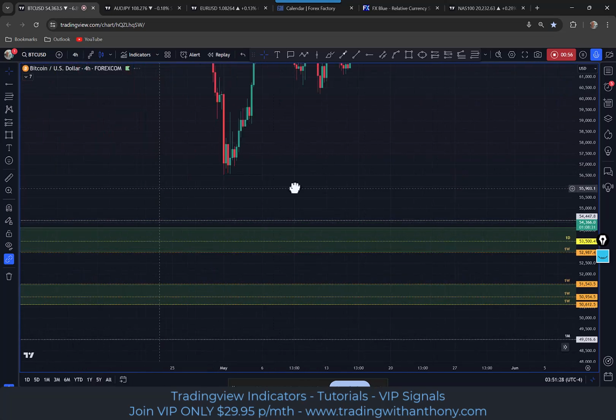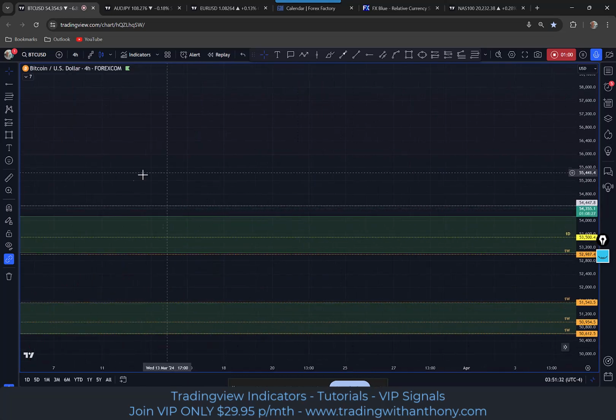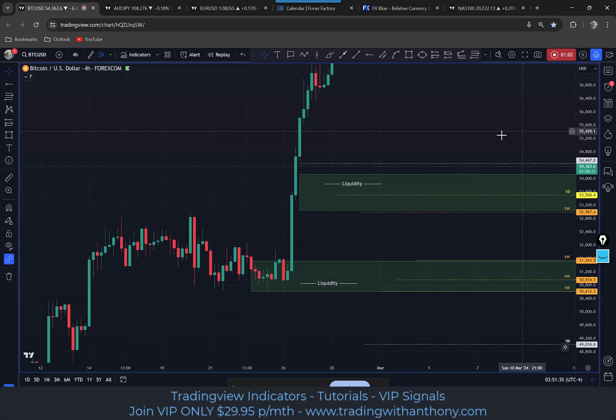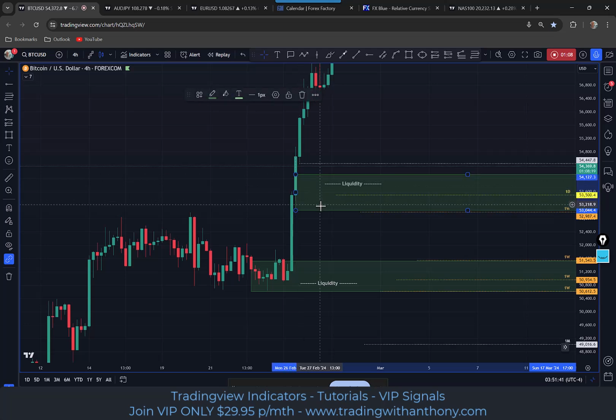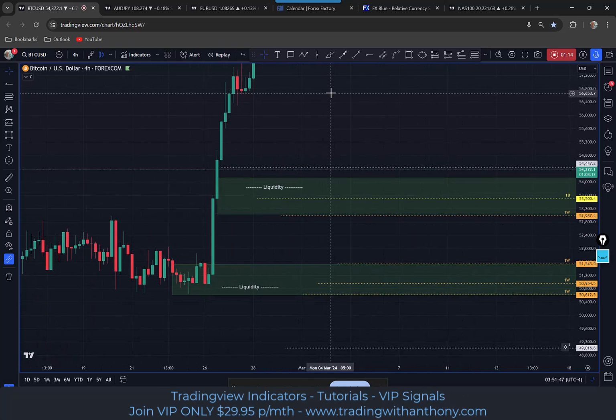Well, look, you know what I did? I actually went back on the weekly and I marked up the high and the low of this. There's a weekly, a daily, and a monthly that run through here. In fact, this here is the weekly.